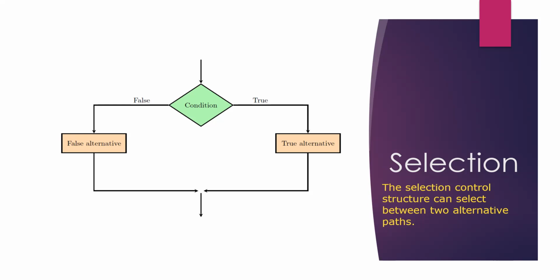So the selection control structure, we can select between two alternative paths.